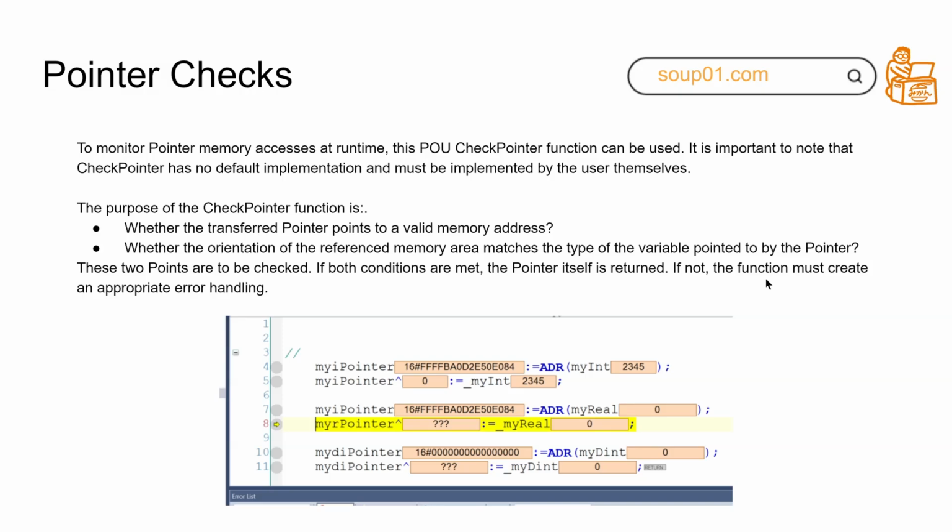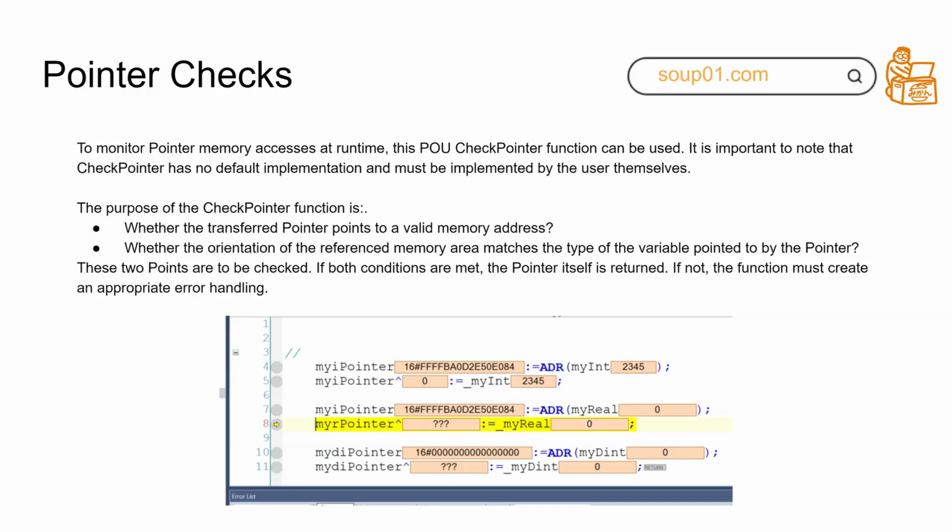There's a very main function you need to use, which is CheckPointer. To monitor the pointer memory access at runtime, the CheckPointer function can be used. It is important to note that CheckPointer has no default implementation and must be implemented by the user themselves.